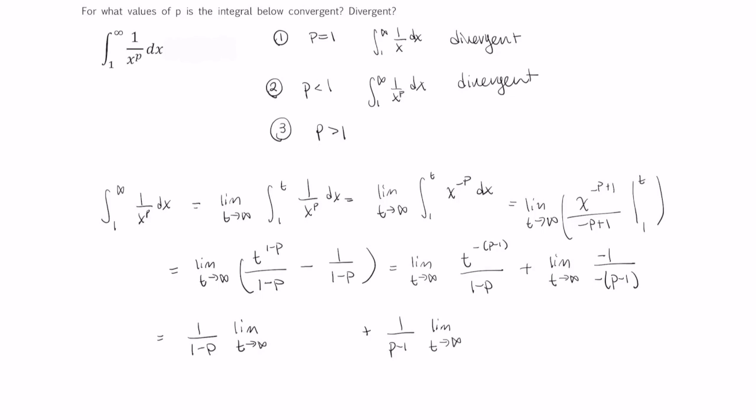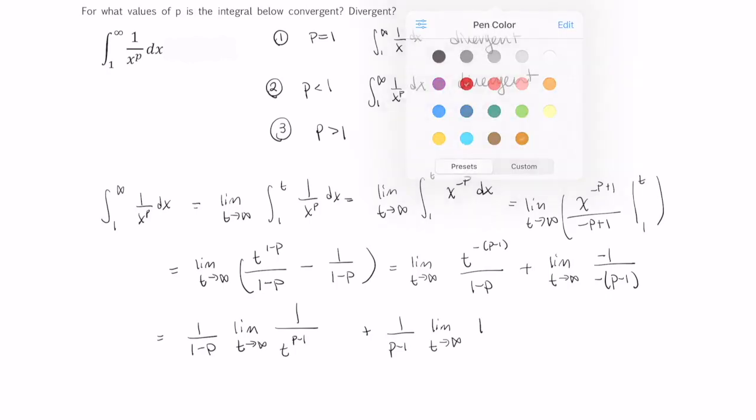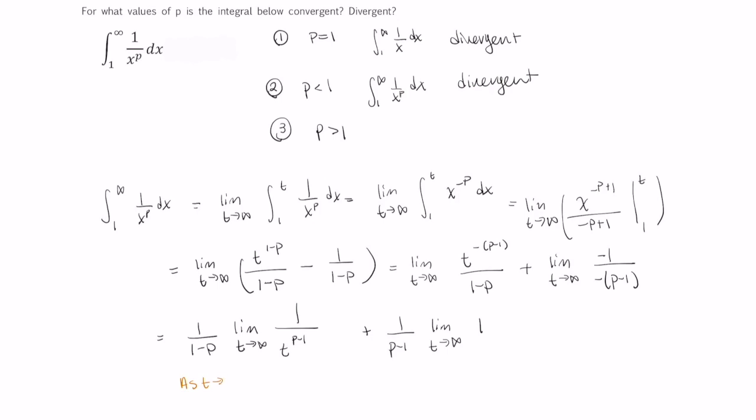Okay, and now I left off what goes inside of these limits. So here I have t raised to a negative exponent. To make it positive, I can move this entire quantity to the denominator. And then here I factored out this denominator of p minus 1, and I'm left with negative 1 over negative 1, so it's just 1. As t approaches infinity, 1 over t to the p minus 1 power is going to approach 0.